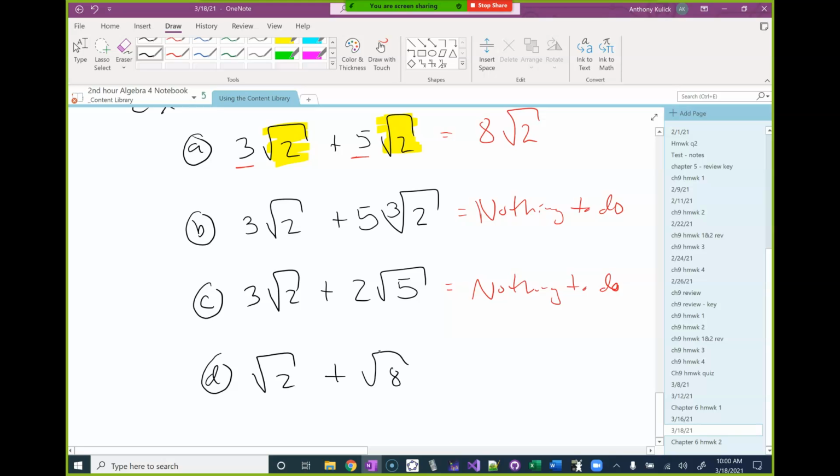Square root 8, though, can be reduced. The square root of 8 is 4 times 2. So that's really going to be 2 times the square root of 2. So they are the same radical, they just didn't look like it at the beginning.